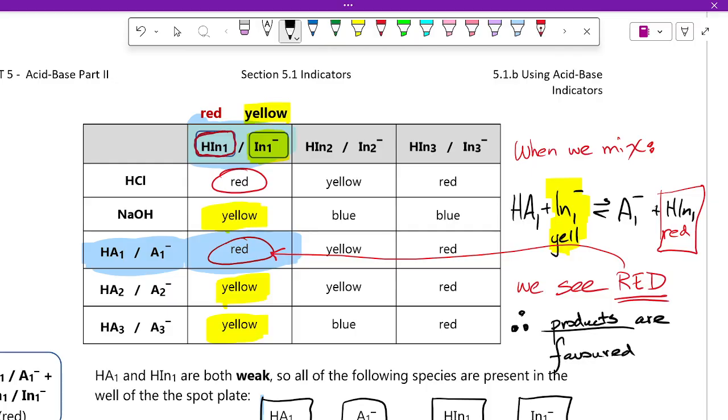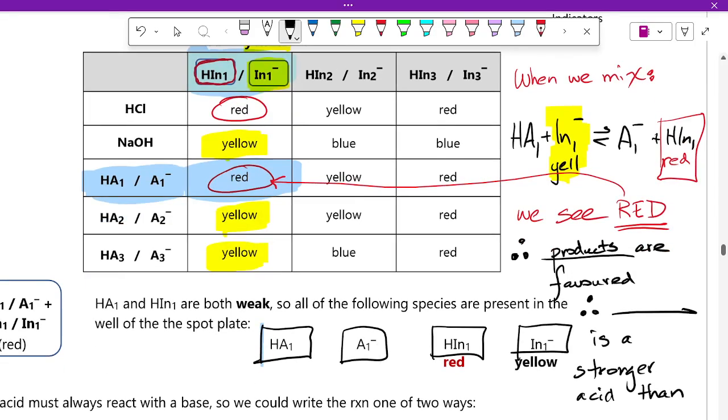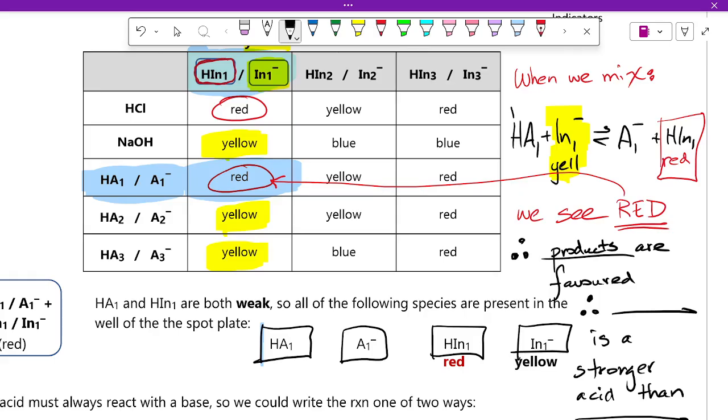And if the products are favored, then who is the stronger acid, HA or HIn? HA is the stronger acid.